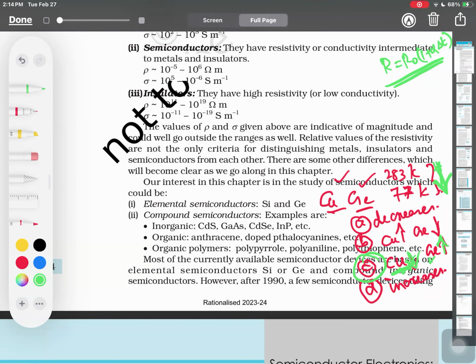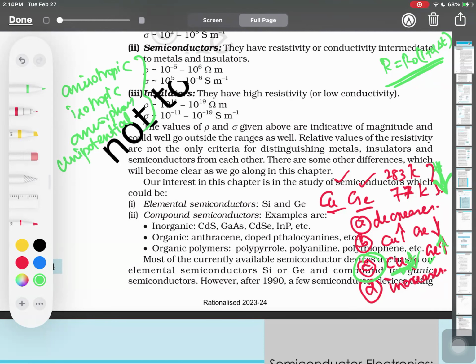This is what you must understand. Suppose you are given the options isotropic, amorphous, unipotential among four options. What are crystalline solids?